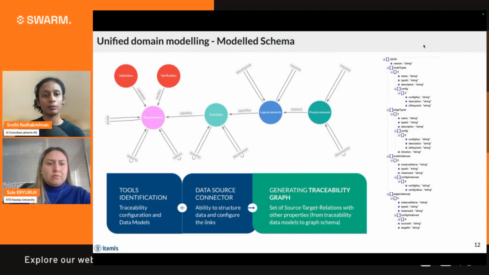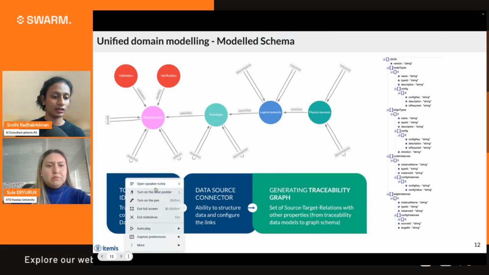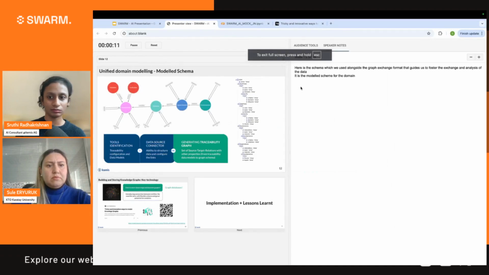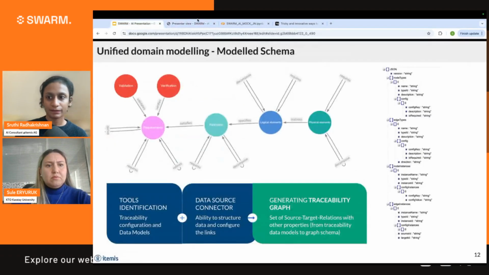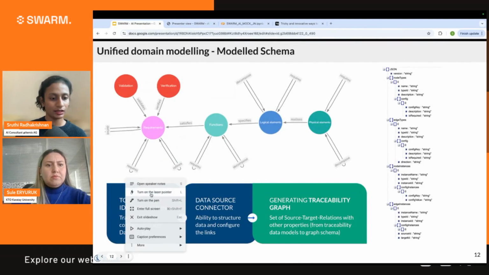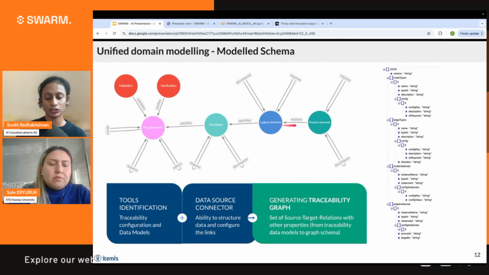So how does the domain model look in the end for the three use cases that I showed before? So we have certain requirements, functions, logical elements, and physical elements, which have certain relationships with each other.